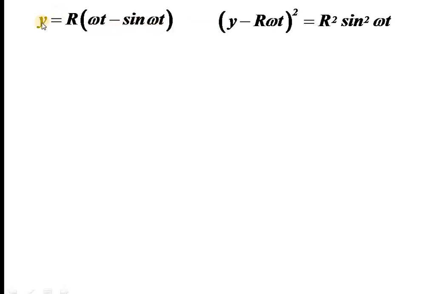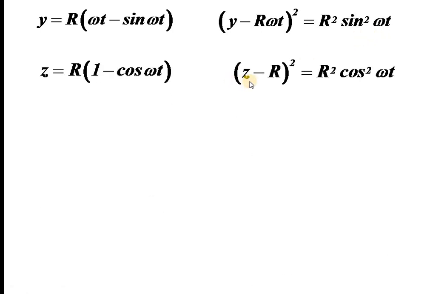So you have now first one, Y is equal to R into omega t minus sin omega t. So take the R omega t to the left hand side and square it. When you square it, you get Y minus R omega t all square is equal to R square sin square omega t. If you take Z in a similar way, take the R part to the left hand side, you will have Z minus R all square is equal to R square cos square omega t.